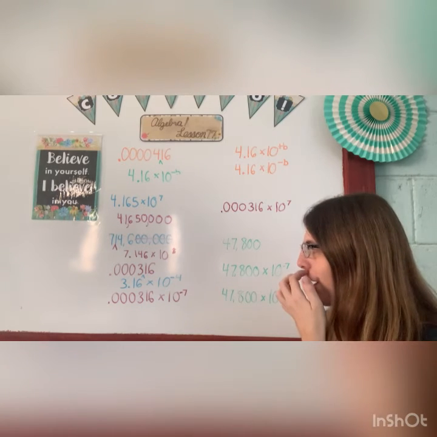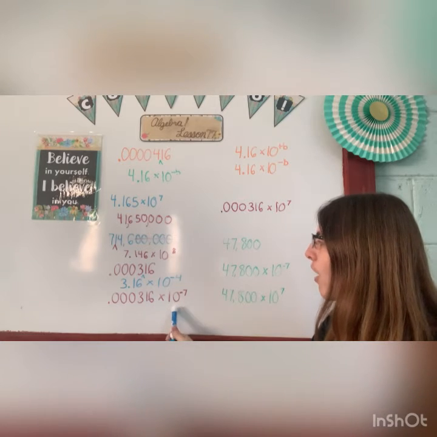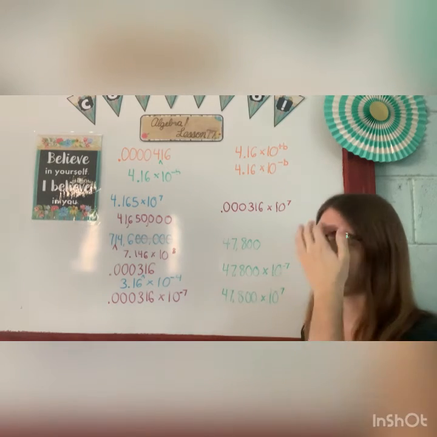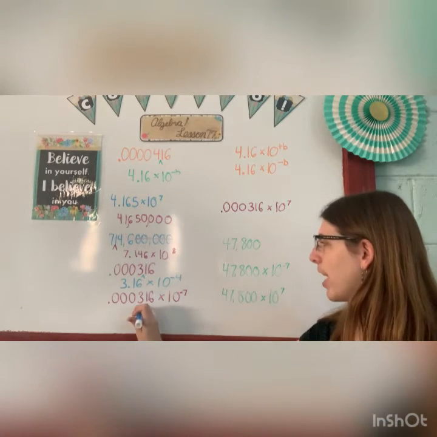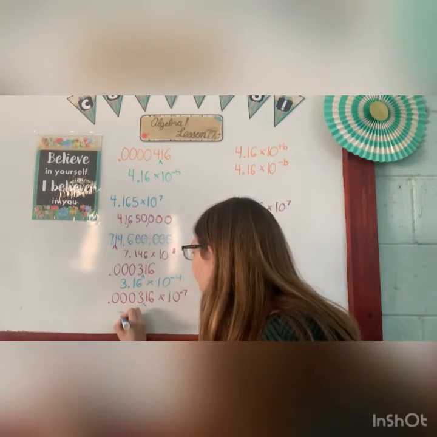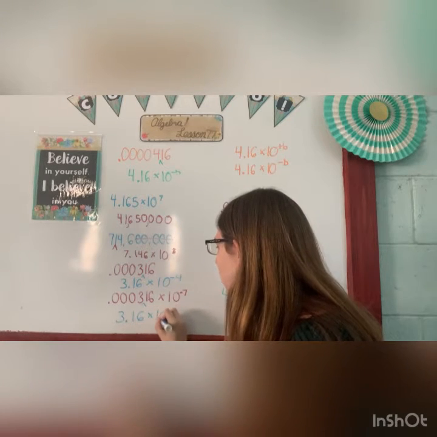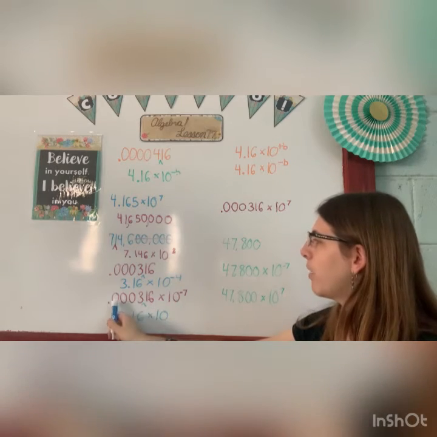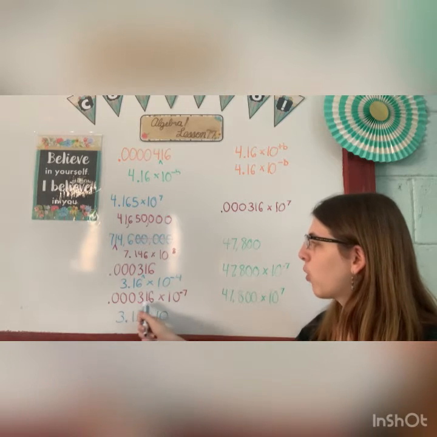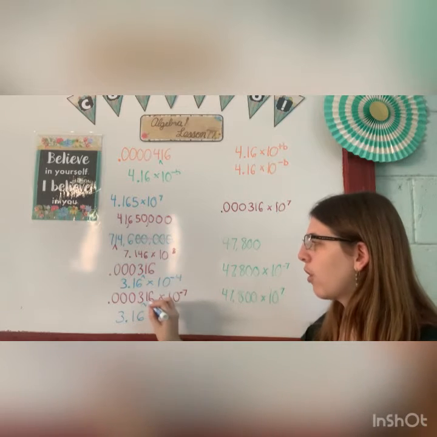All right, now let's try this one. I have the same number, 0.00316, but I already have times 10 to the negative 7th. So I need to further make it in scientific notation. I'm going to follow the same process. I go to the right of my first non-zero digit, so I put my decimal point in the same place, 3.16 times 10 to the, well, here I moved it 1, 2, 3, 4 places again. Now, it should go 4 places to the left.